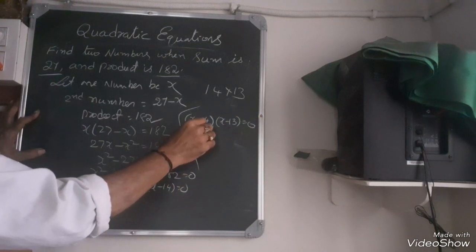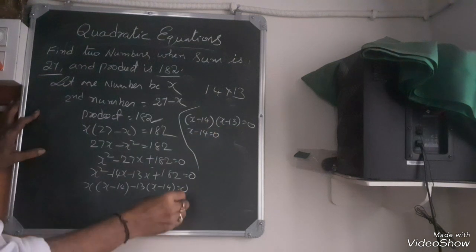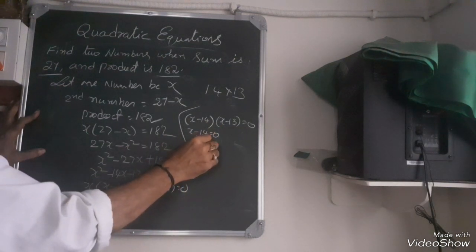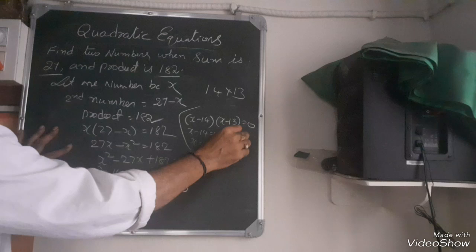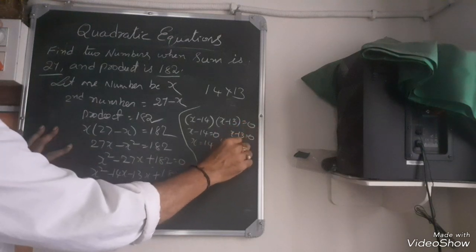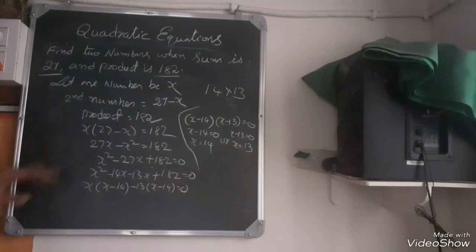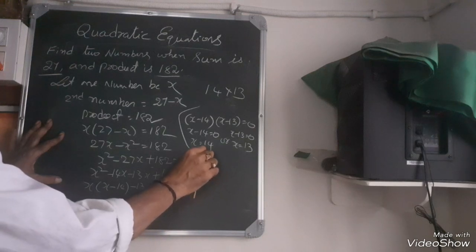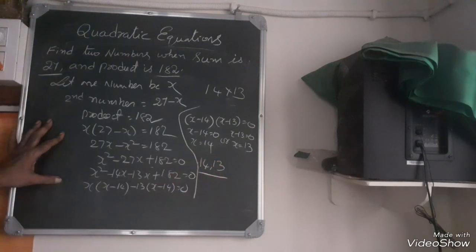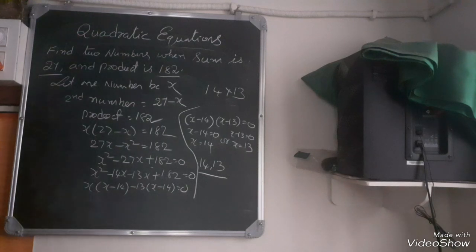If x minus 14 equal to 0, then x equal to 14. Then the other number is 27 minus 14, 13. Otherwise, if x minus 13 equal to 0, x equal to 13, the second number is 14. So the two numbers are 14 and 13. Is it clear, all of you?